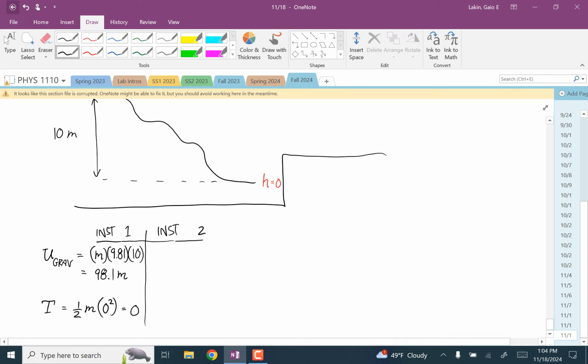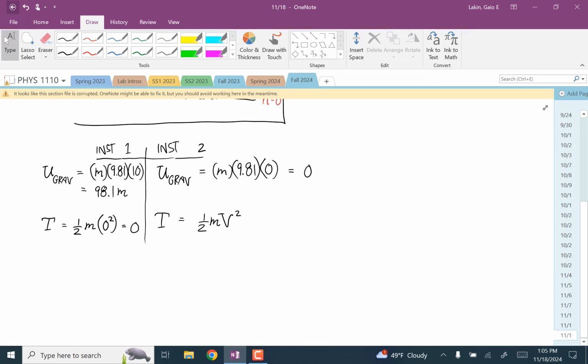Then at instant 2 at the bottom of the hill, our gravitational potential energy is m times 9.81 times a height of 0. So this is just equal to 0. And the kinetic energy, we don't know what that speed is, so I'll just write it as 1/2 times m times v squared. Now put these in the equation.